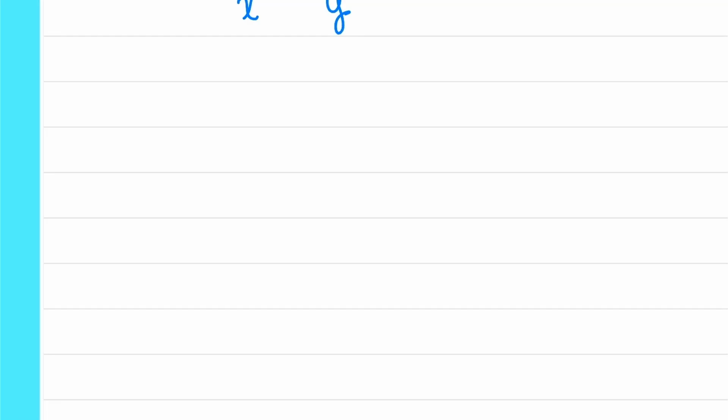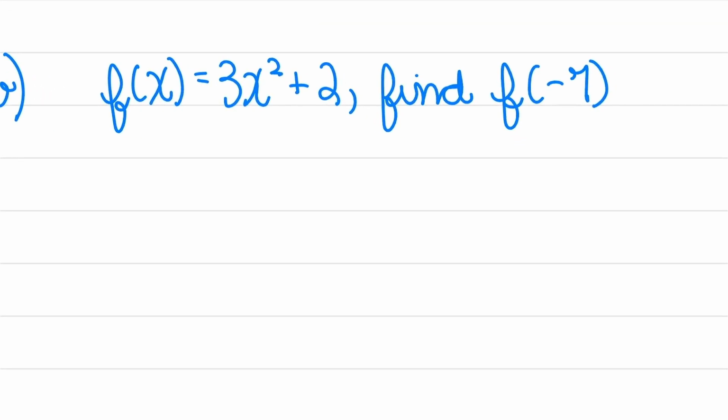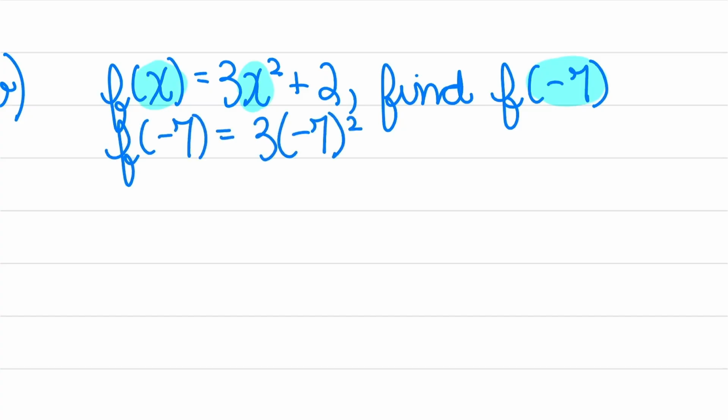Let's do another example here. If we have another quadratic function here, f of x equals 3x squared plus 2, and we're asked to find f of negative 7, we're going to replace every x in our function with a negative 7. Now, following the order of operations, we need to do negative 7 squared, which is going to be positive 49.